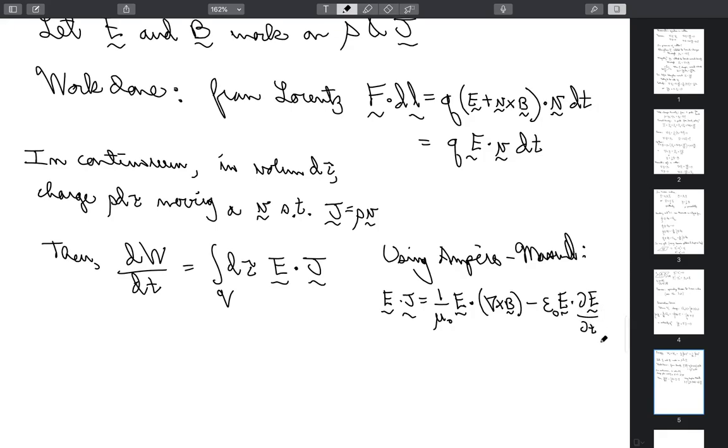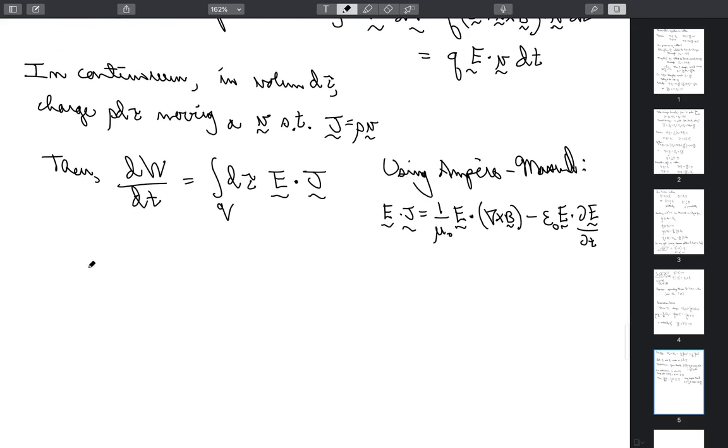Now we can do a few simplifications here. We have a handy rule that's in the book, product rule number 6. It's about the divergence of the cross product between two fields. So let's just write it.